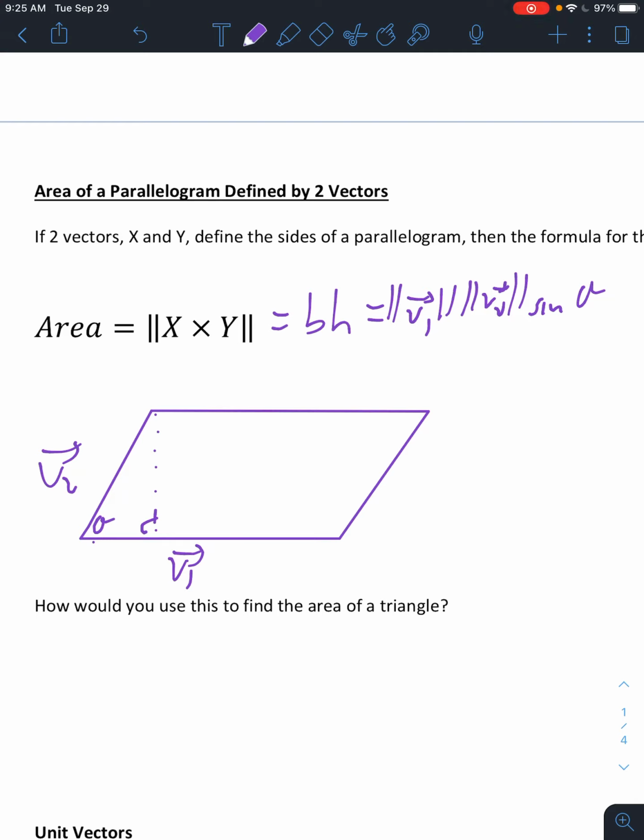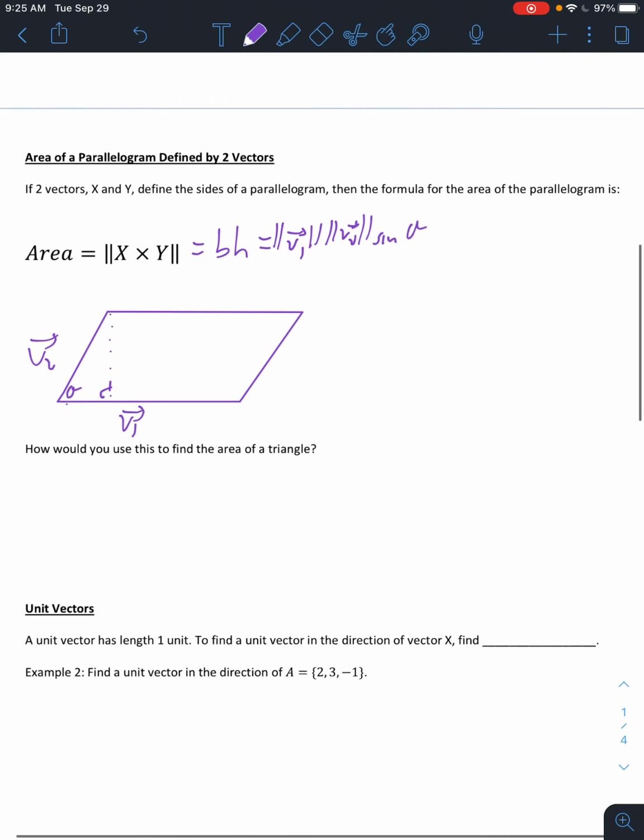And that actually is going to equal the magnitude of the cross product. To find the area of a triangle, we know it's the area of the parallelogram divided by 2.